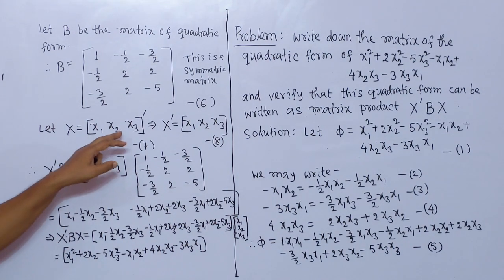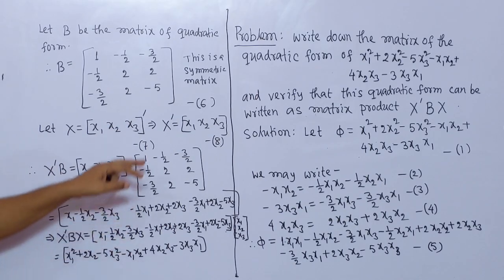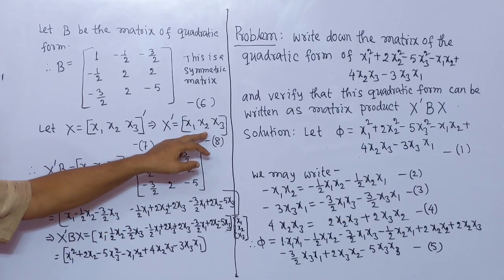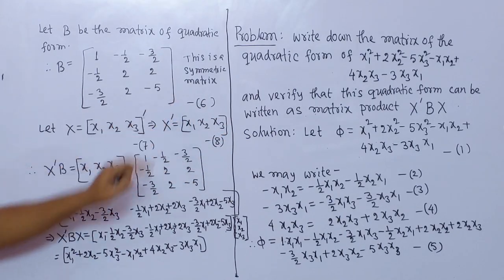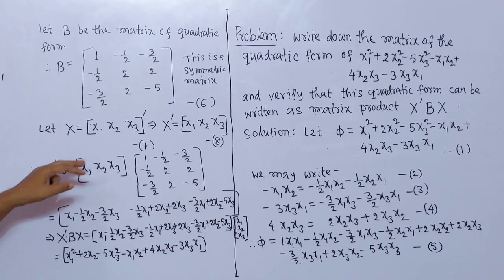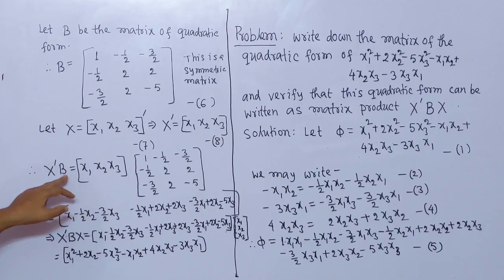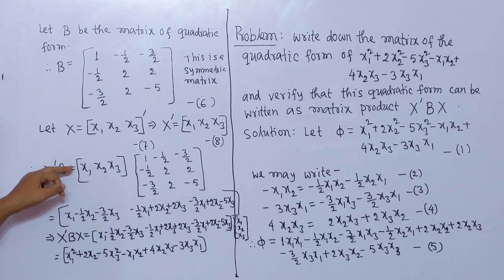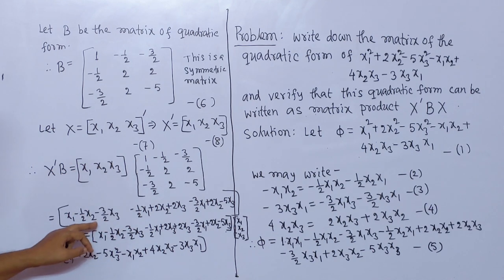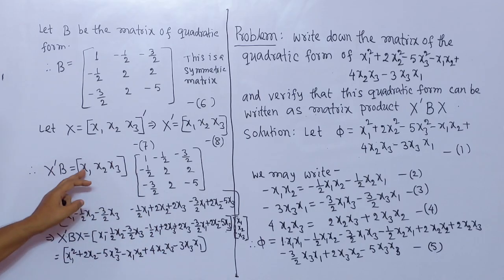Let X be a column matrix containing x1, x2, x3. Then transpose of X will be a row matrix x1, x2, x3. Now we multiply X transpose multiply B. If we multiply, firstly we multiply first row with first column, we get this, then first row with second column, we get this, then first row with third column, we get this.